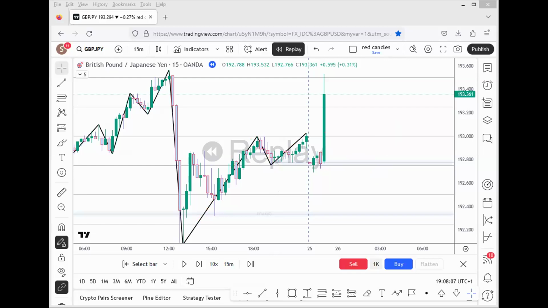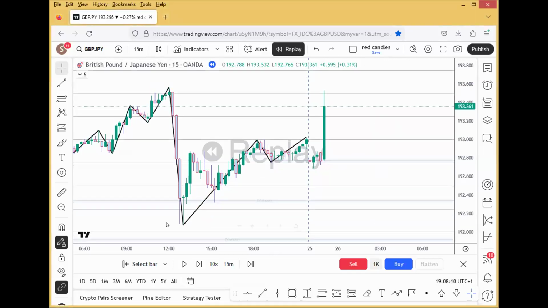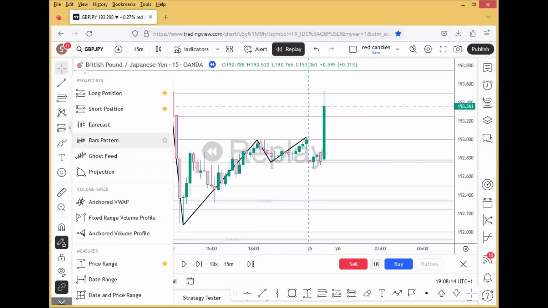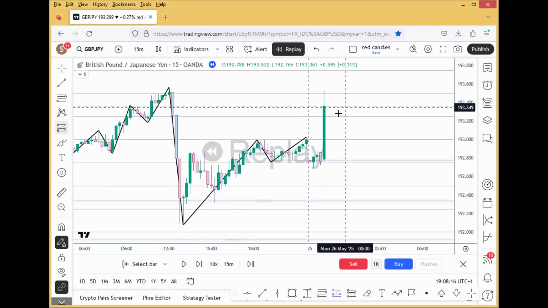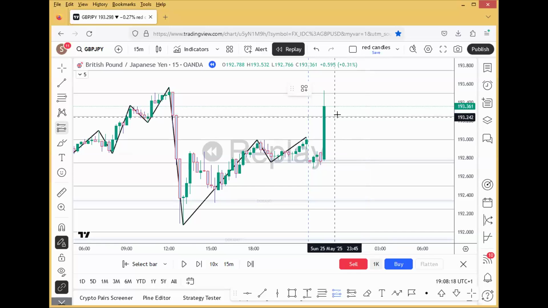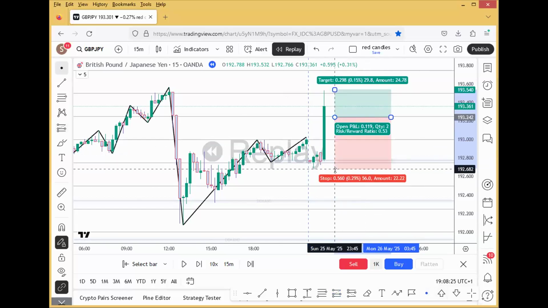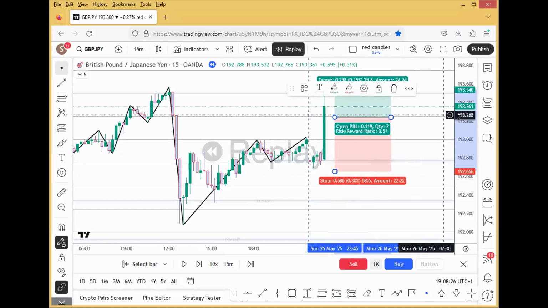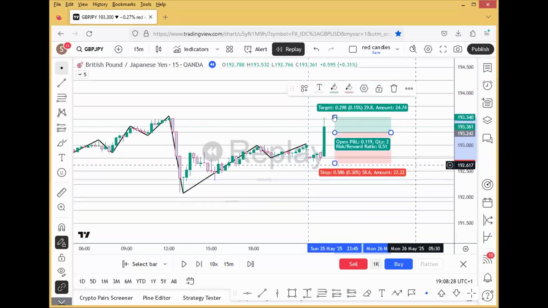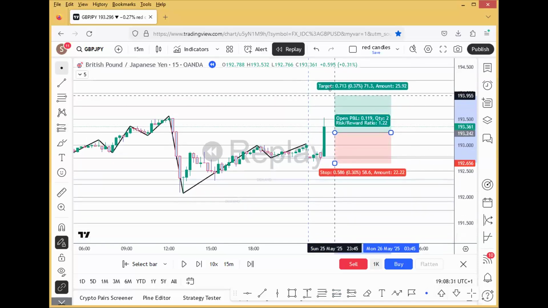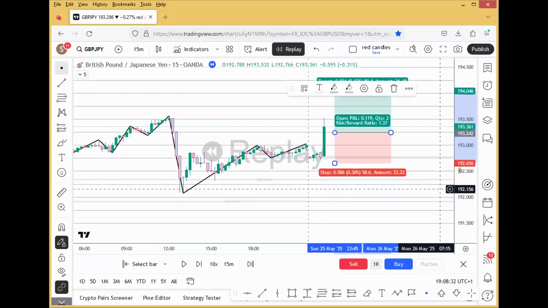Assuming we take a long position somewhere here, put stop loss there and put take profit maybe somewhere there.